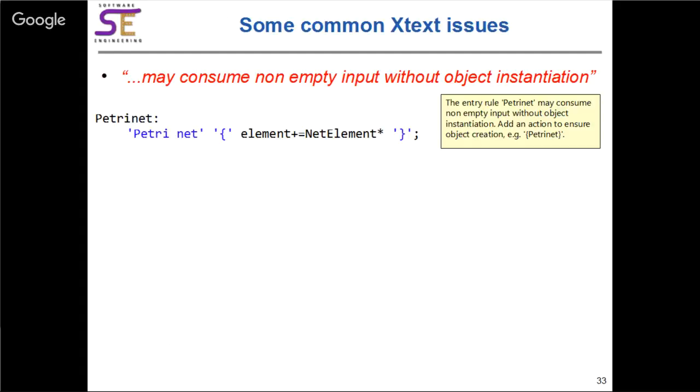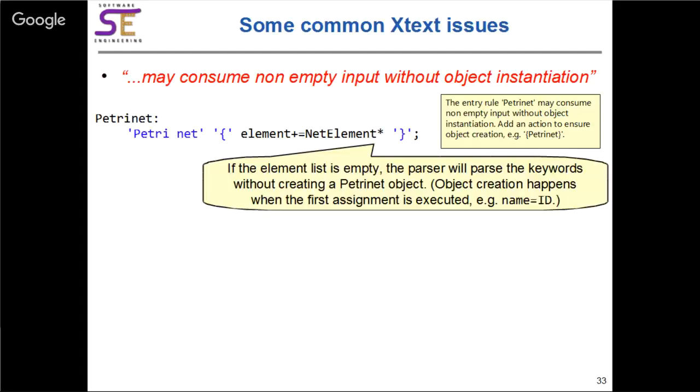And the technical problem behind it is that here this net element list may be empty. So it is possible to just have an empty PetriNet without anything. That's allowed by the meta model, and that's actually allowed also by the grammar.